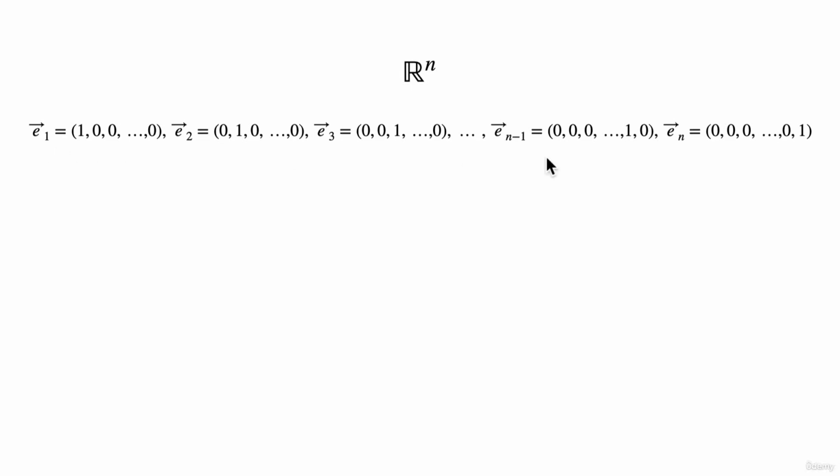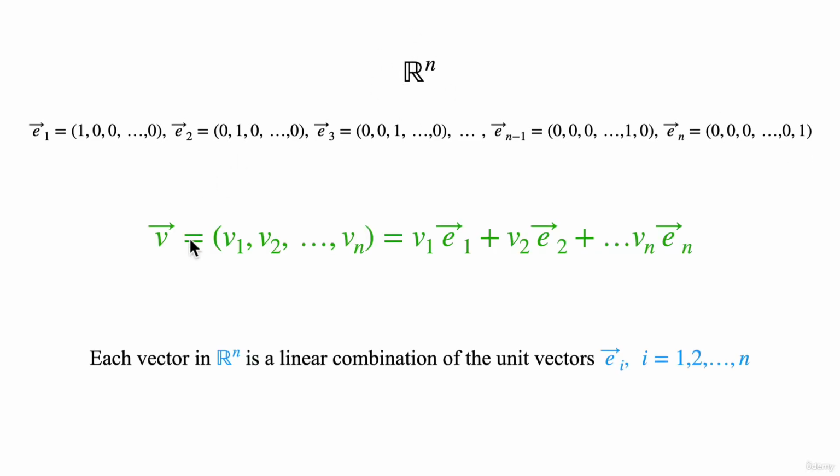So you have n unit vectors, and all of them have almost all coordinates equal to 0 and just one coordinate equal to 1. One on the first place, on the second, on the third, and so on up to the last. So each of these n vectors is a unit vector in the direction of some coordinate axis. And each vector with these coordinates is then a linear combination of these vectors. Here should be plus.